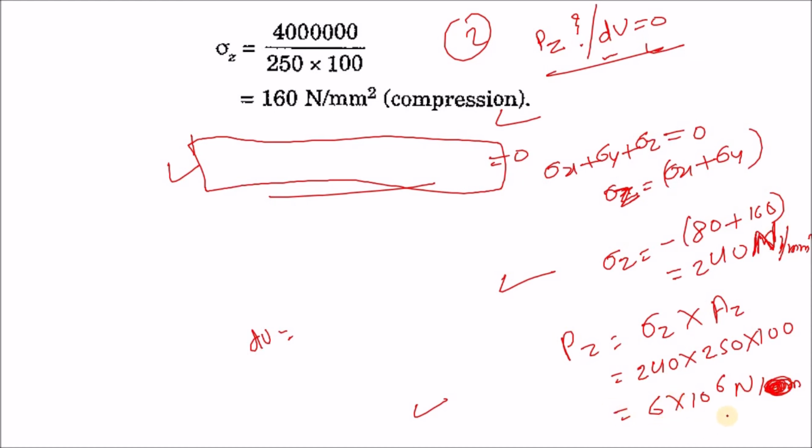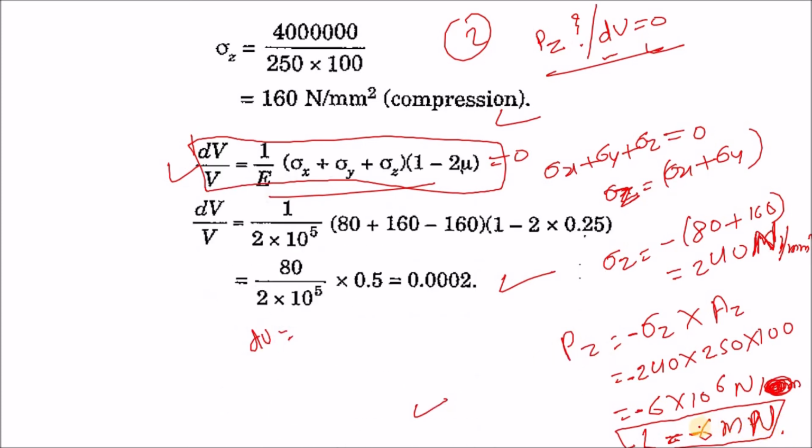That is 6 mega Newton. This is the required answer. But here sigma z is negative, so the load will be negative, which means it will be a compressive load. Compressive load will be minus 6 mega Newton. Let's go to the next question.